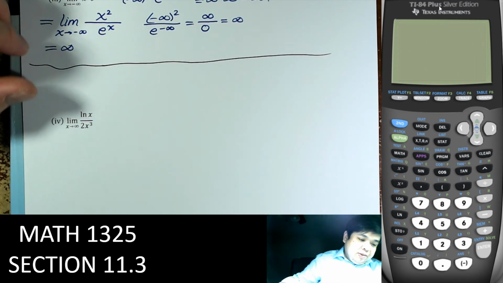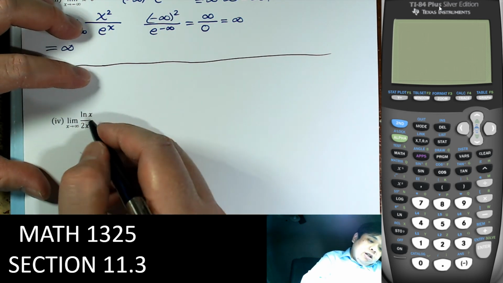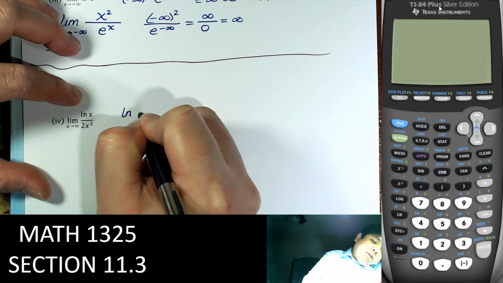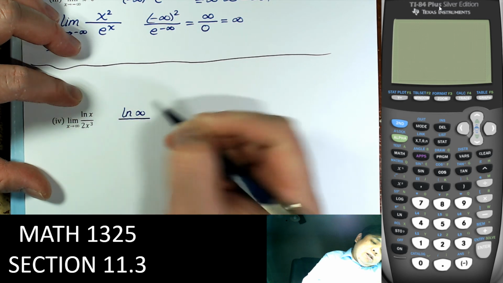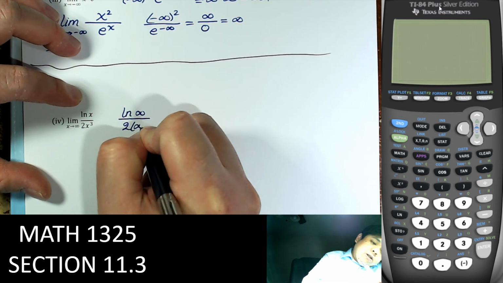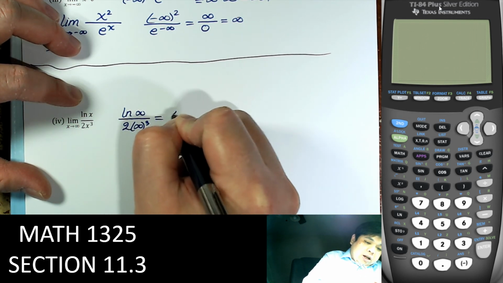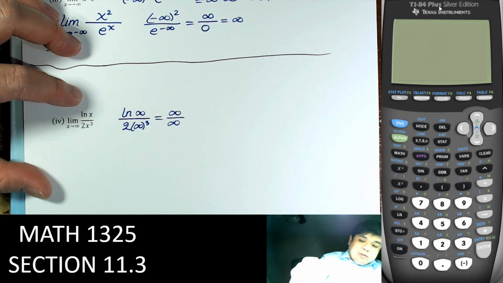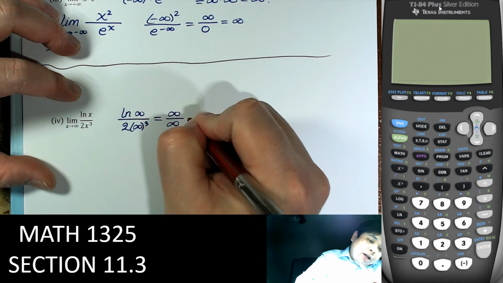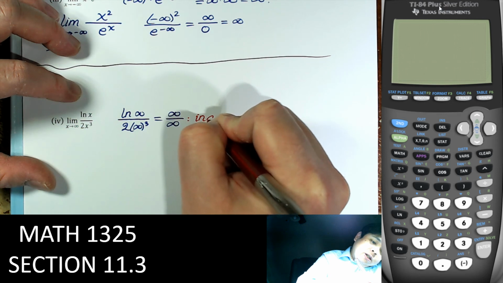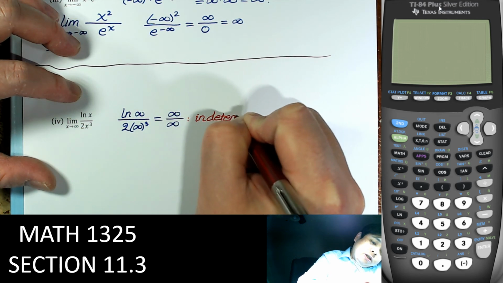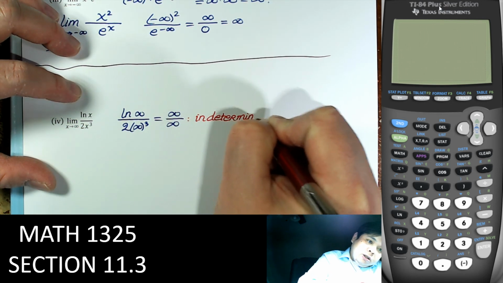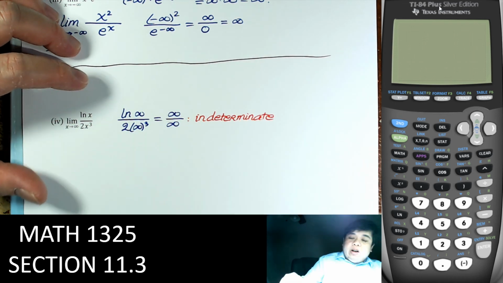Next we have this. First, put in infinity, see what happens. So that is infinity over infinity, and that is indeterminate, one of the indeterminate forms.